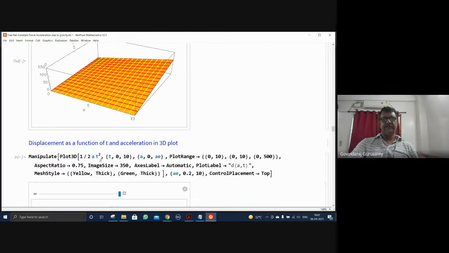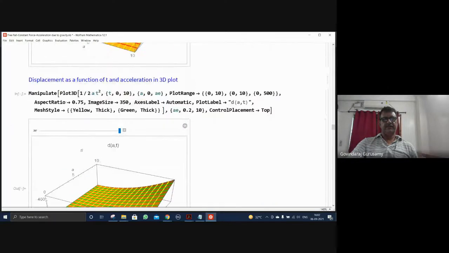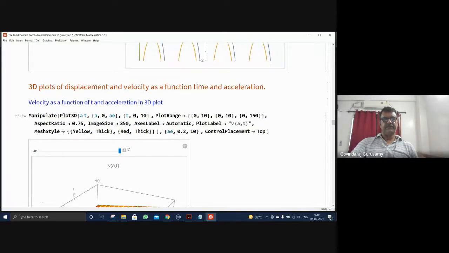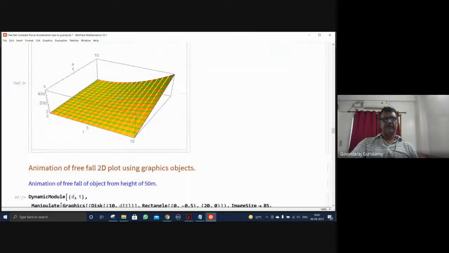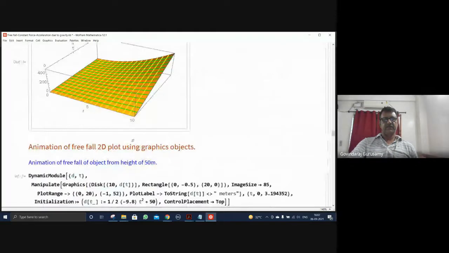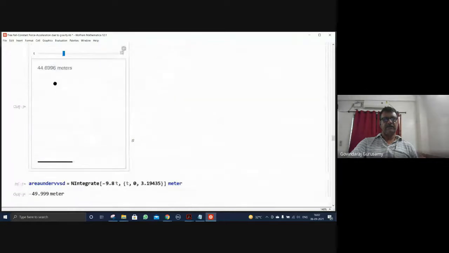Similarly, here is displacement, and here is acceleration as a function of time. This is velocity as a function of a and t. This is the displacement as a function of acceleration and t. These are three-dimensional plots.